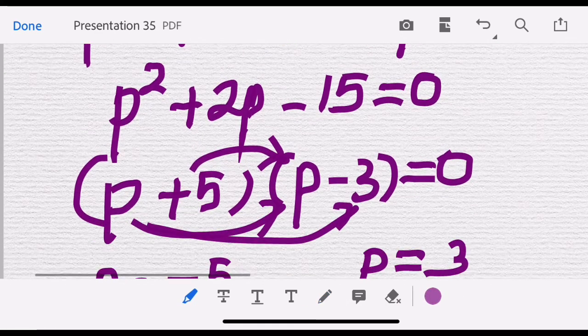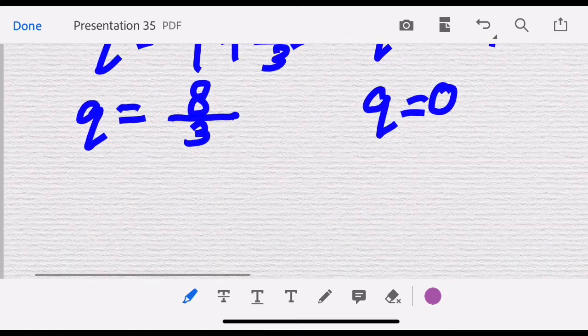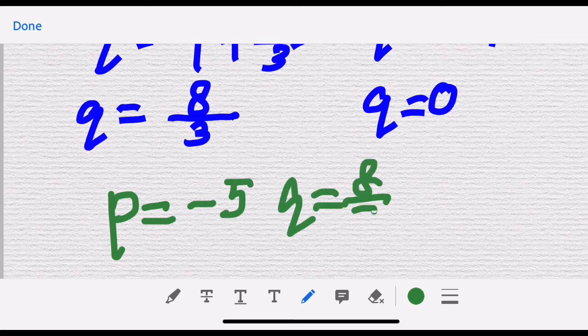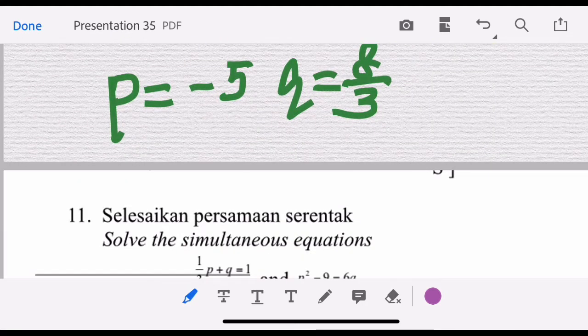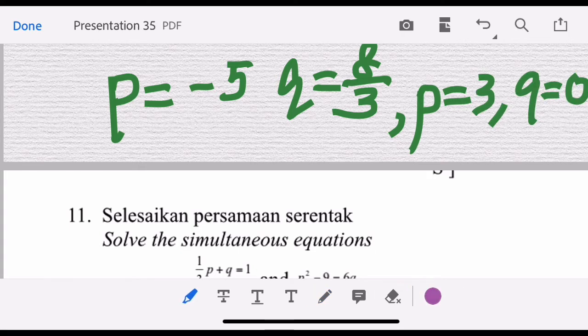So I check the answer. If p is negative 5, q will be 8 over 3. This is one test. If the p is 3, then q will be 0. So we substitute into the equation.